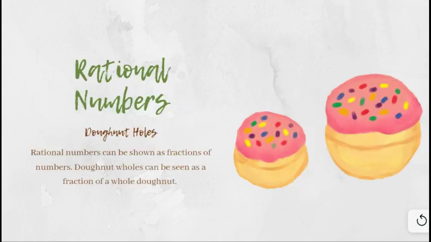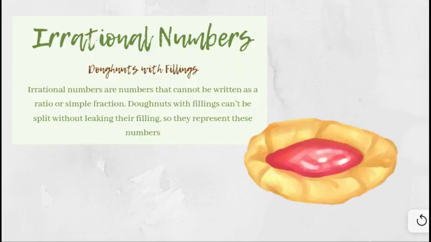Okay, next. Rational numbers, I represented as donut holes. Why I picked donut holes is that technically donut holes can be shown as a part of a bigger donut, very much like rational numbers can be shown as a fraction of numbers. Now, irrational numbers are kind of like donuts with filling.